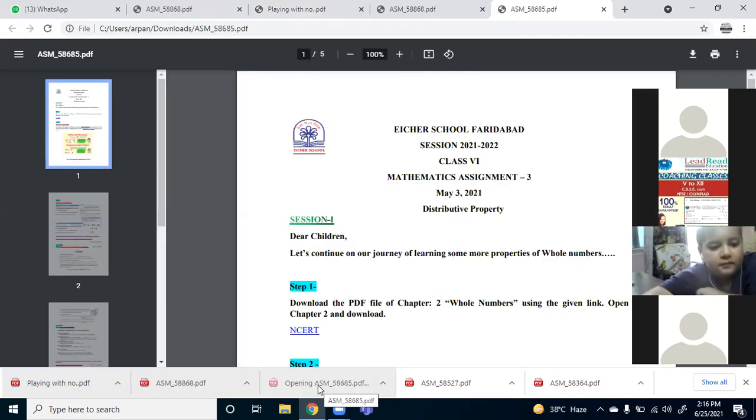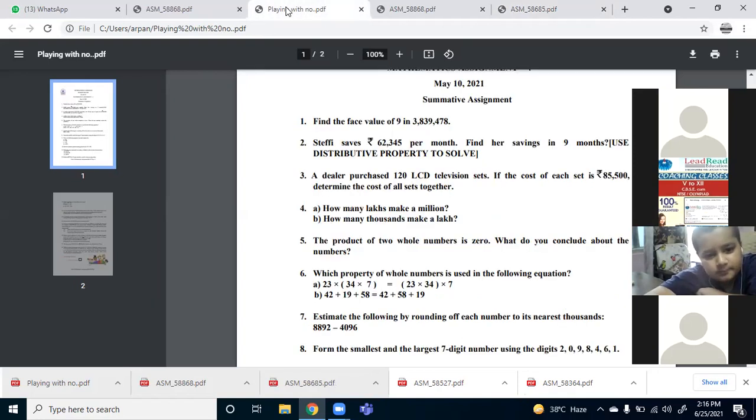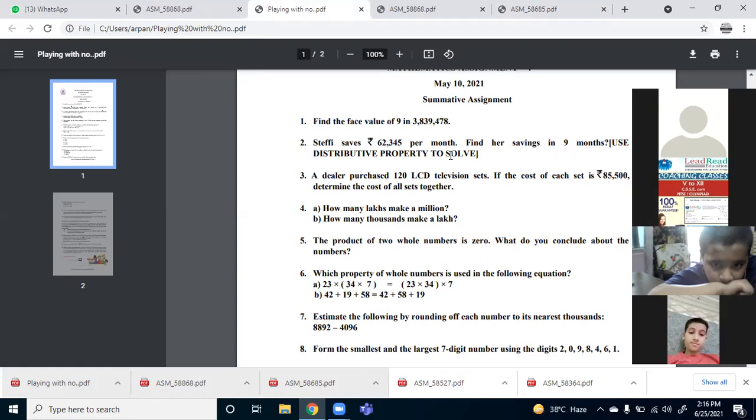Ma'am, first we have to write how many days are in 9 months. Correct? Not required. See, the salary of Steffi is given per month. Per month means the salary of Steffi for one month. Okay, Samarth, do you want to explain?